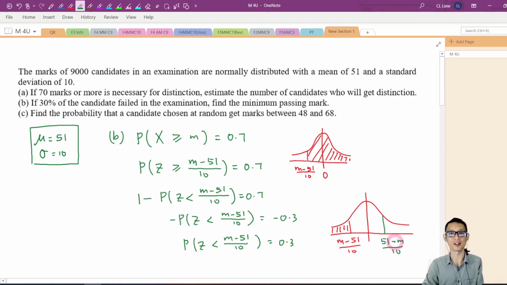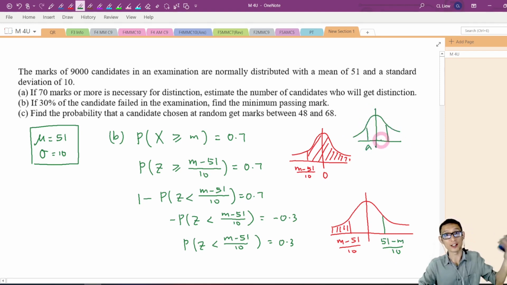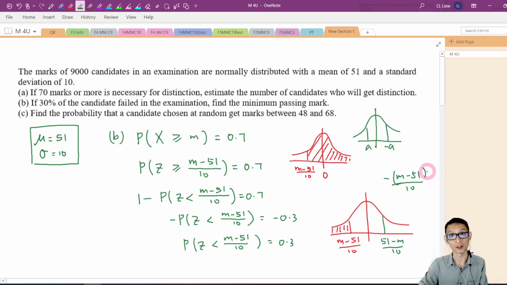Why is that? Still remember in the previous video I told you that when we reflect it to the other side, left to right or right to left, we just add a negative to it, right? Now if I add a negative to this whole number, if you write it this way, it's not correct. You should put a parenthesis here.